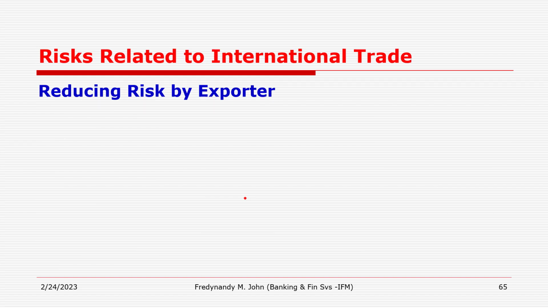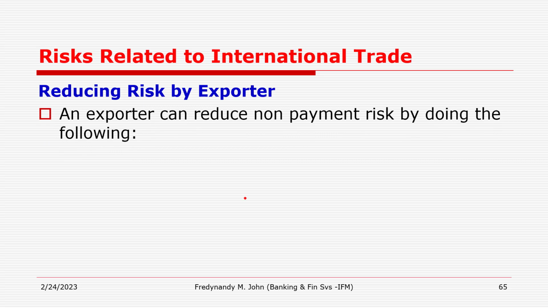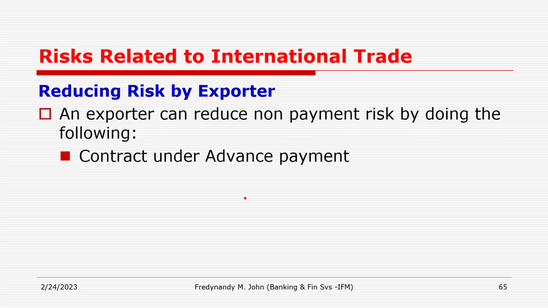Now, as an exporter, what are you supposed to do in order to minimize payment risk? To succeed in minimizing the payment risk as an exporter, number one, contract under advance payment. Remember, under advance payment, suppose that we have the seller and the buyer, exporter and an importer. Under advance payment, the buyer is supposed to first make payments, okay?